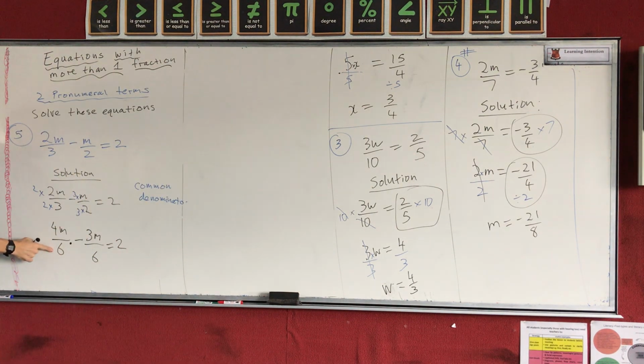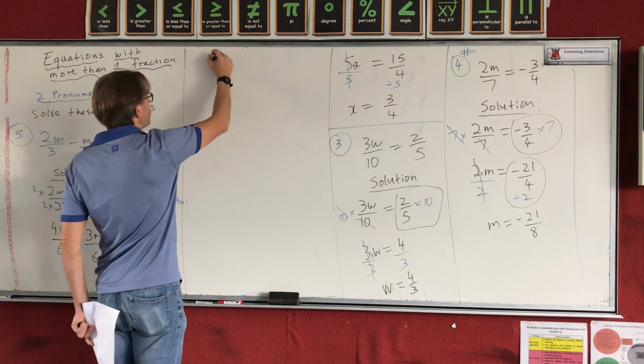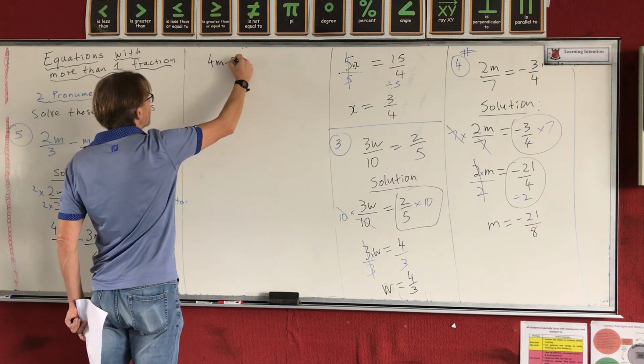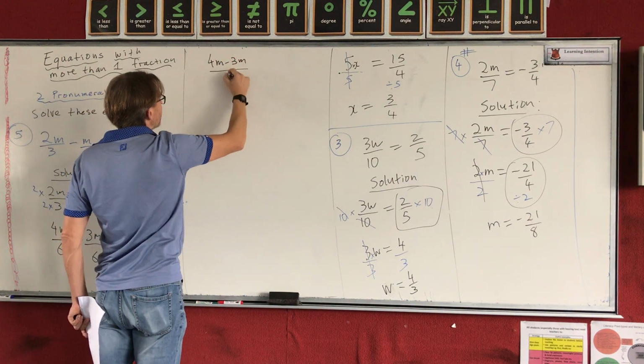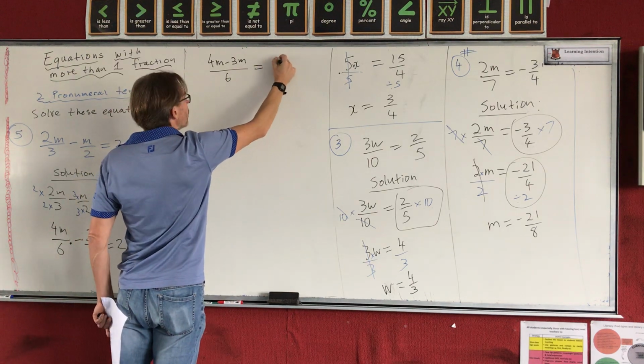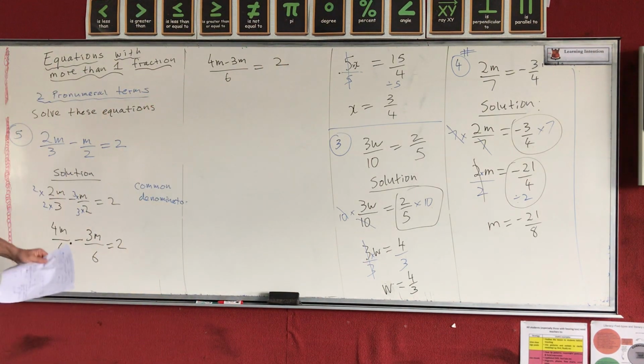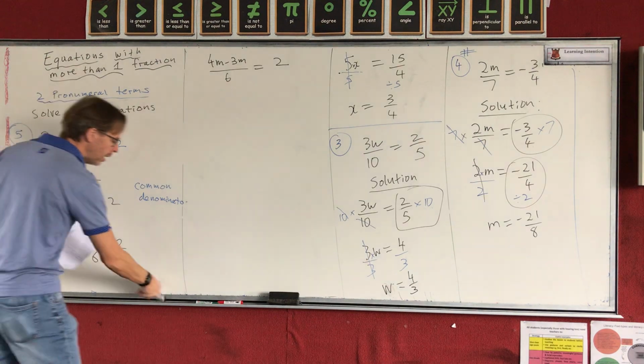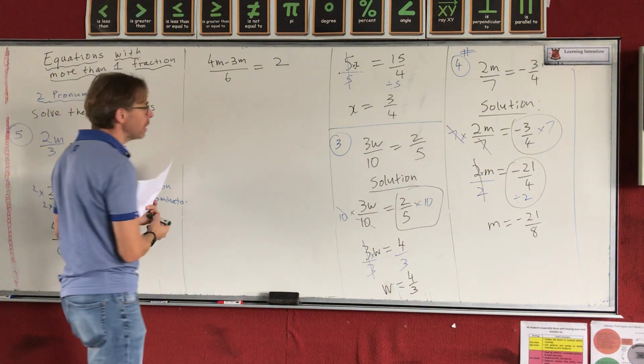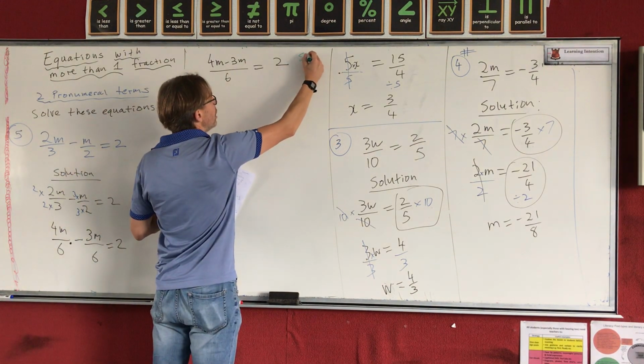Now we've got a common denominator, we can actually simplify this. This will be 4m minus 3m over 6. So put it over a single denominator. Okay, equals 2.